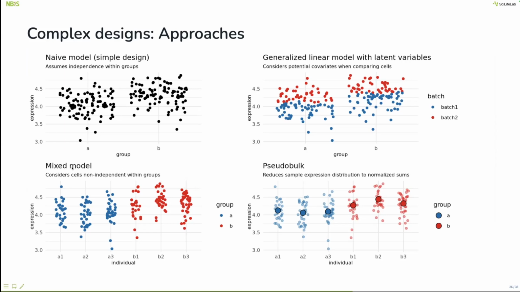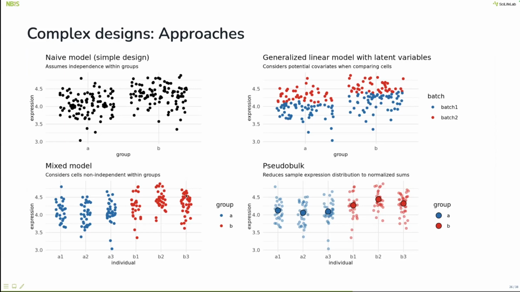The other option, or one of the other options, is a mixed model. MAST has an option to include what's called a random effect. That's an example of a mixed model, where you include information about which original sample the cells came from. This will consider each cell one observation, but it will also retain this information that they are not independent between each other.